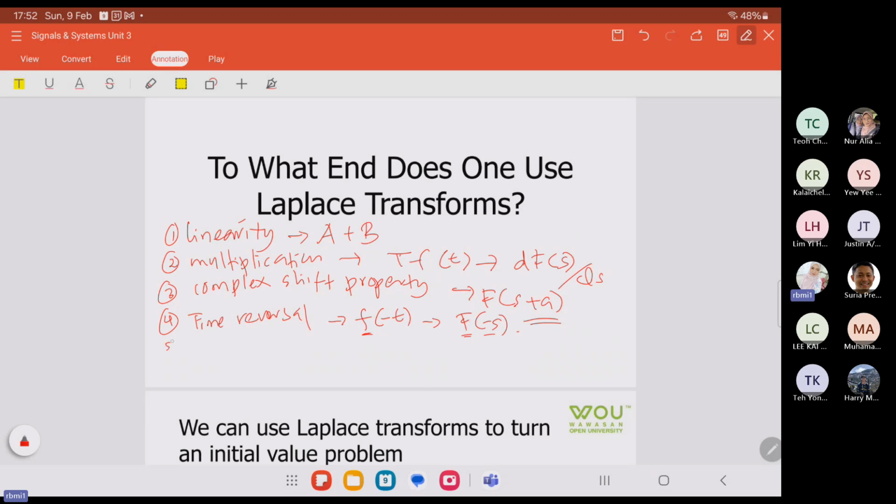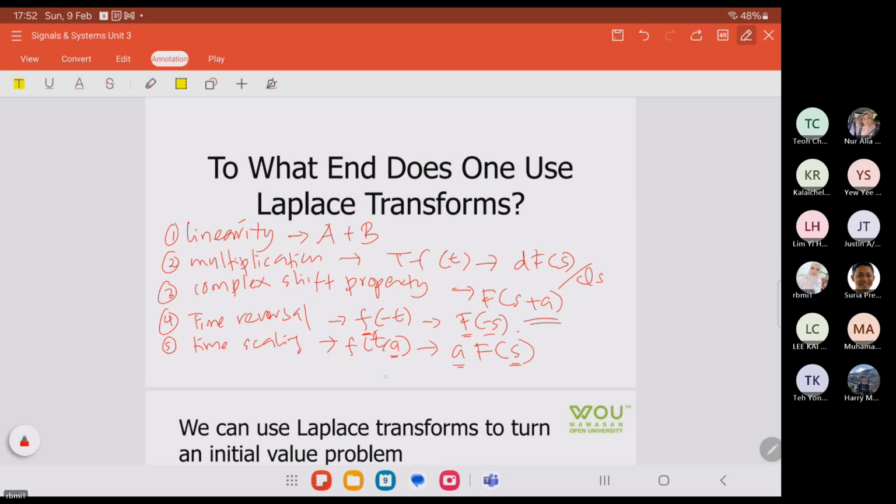Next one is time scaling. For time scaling, it is f of t over a, and we can get a times F(as). As you can see, this is t over a in the time domain, and in the s domain it becomes a multiplication factor.